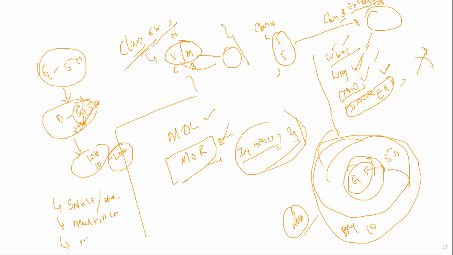And the next one is multiple inheritance. Keep it in mind: this is multi-level and this is multiple. A few people will say hybrid also, but if you understand these 3, the remaining will be much easier to understand.